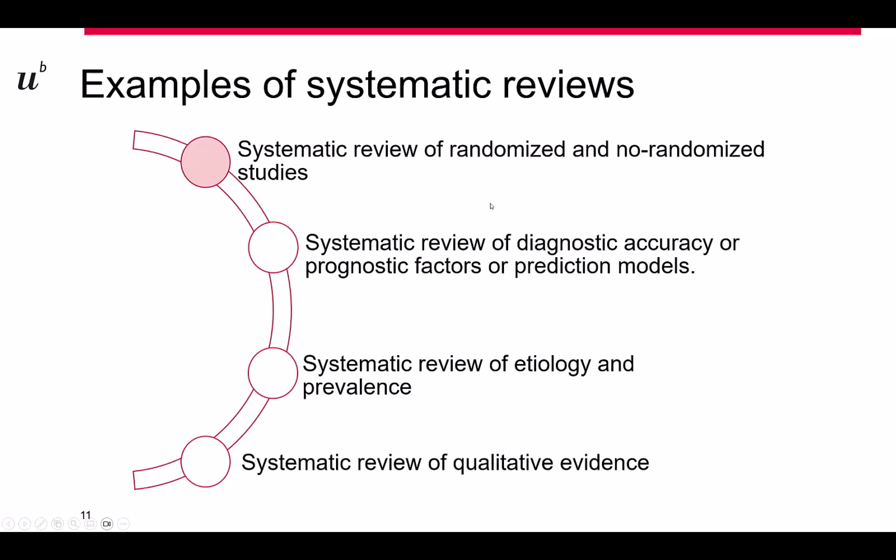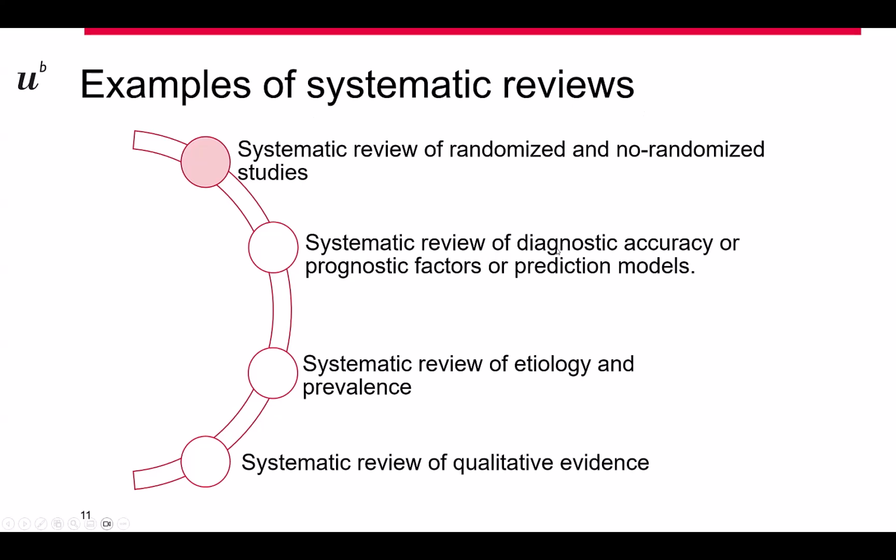To have in mind some examples of systematic reviews, we have here systematic reviews of randomized studies. This is maybe the most common and famous. And we also have systematic reviews on non-randomized studies or observational studies. As you see, all these type of reviews are named in the title like systematic review and are very specific.